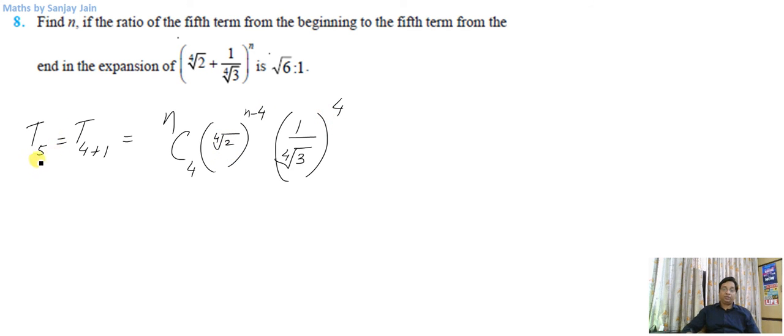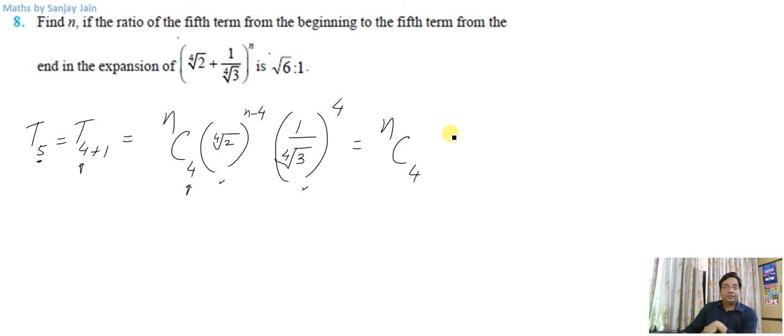Only thing you need to take care of when you are writing the fifth term is that r is 4. So when you know r is 4, you need to raise the second term to r and the first term to n minus r, right? Let us write it in a little more simplified form. This is the fifth term from the beginning, right?